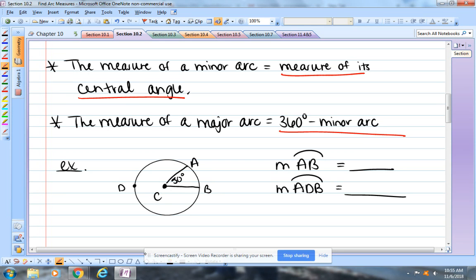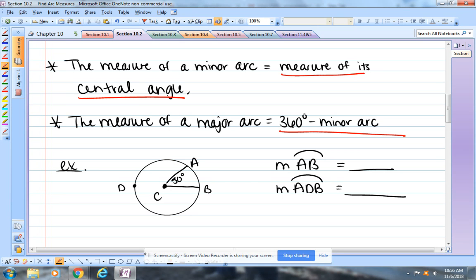We want to find the measure of minor arc AB, which is the little one that's less than 180 degrees on the edge of the circle, and the measure of the major arc ADB, which is the big area. The minor is the little, the major is the big.